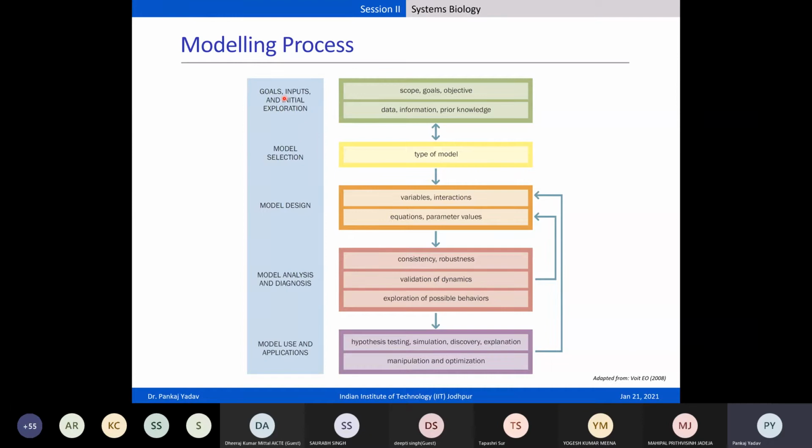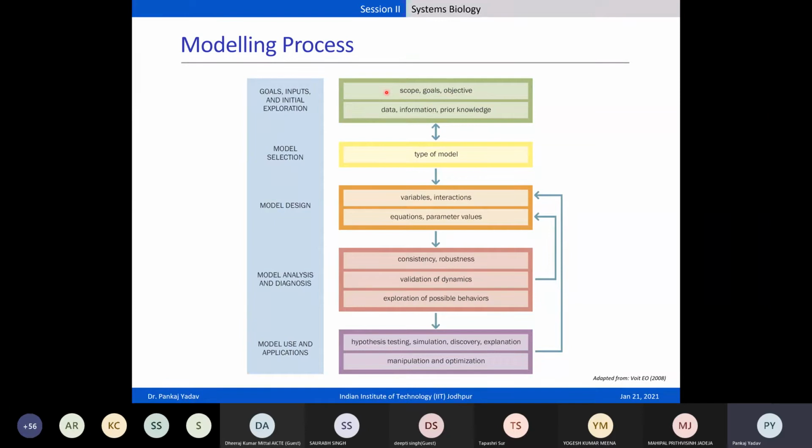There can be several other possible ways, but usually we have our goals and inputs, and our initial exploration of the problem, and then we have model selection, then model design, then model analysis and diagnosis, and then model use and applications, right? These are all different major steps, and within these major steps we can have several sub-steps, or other small steps.